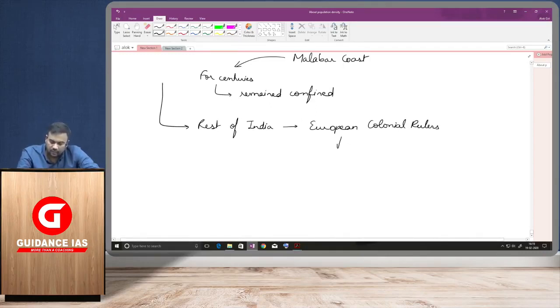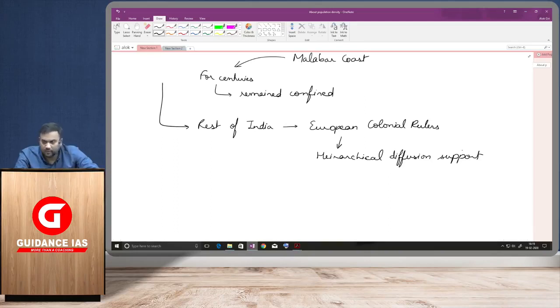With their arrival, it also got hierarchical diffusion support, and as a result it spread into India. You know very well it mostly spread in the modern period.